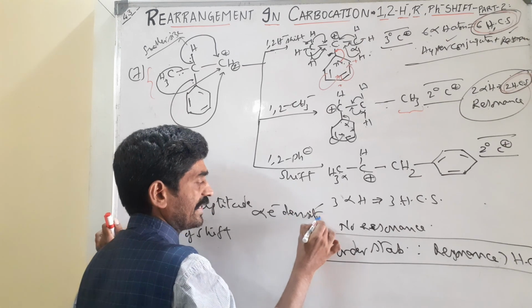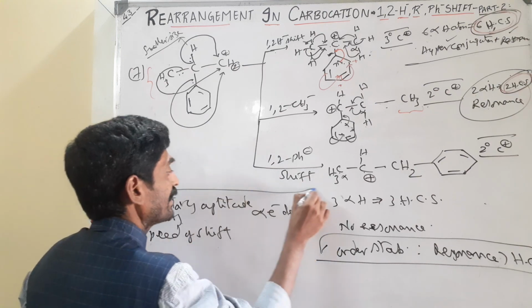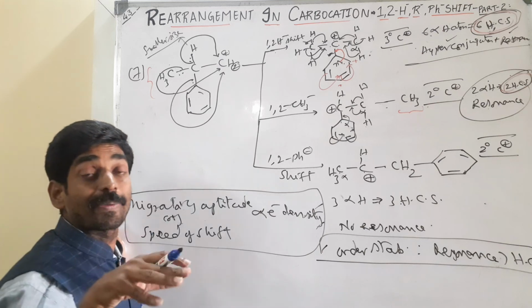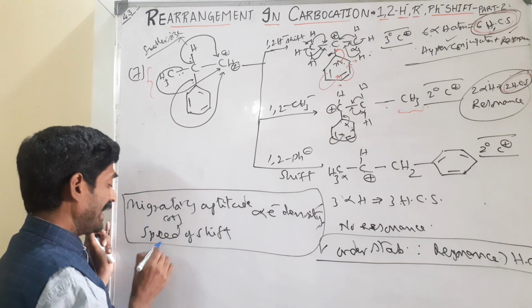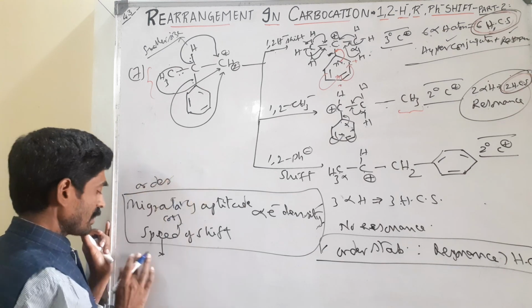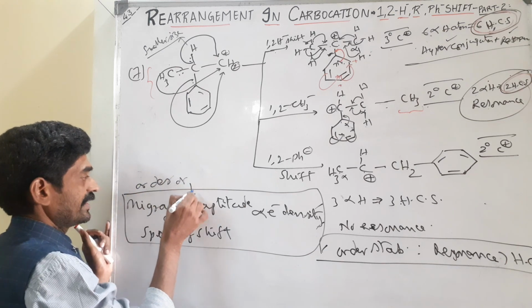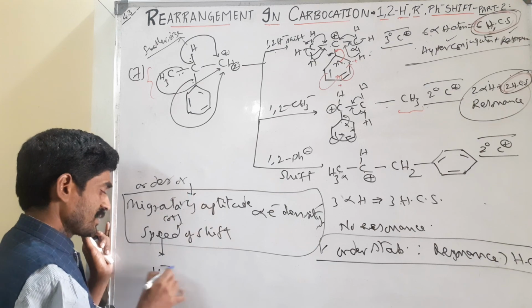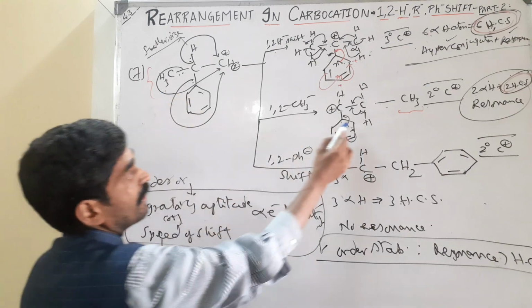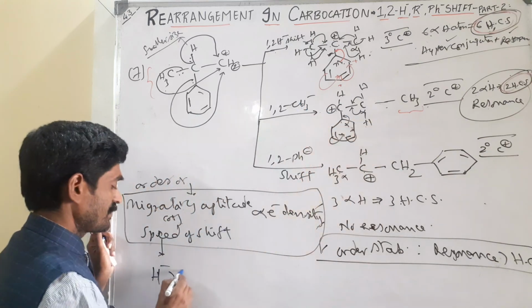That is why migratory aptitude decides which group shifts first. The order of migratory aptitude is first hydride shift, and the next one is alkyl shift.